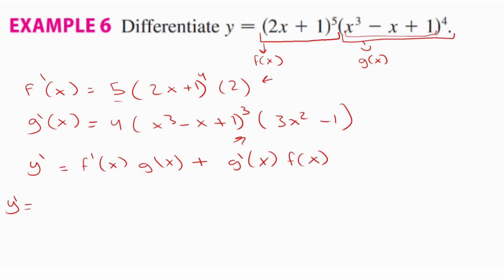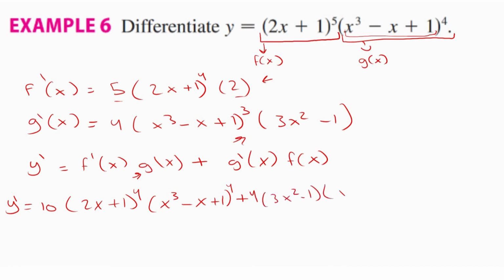We can multiply 5 and 2, so we will get here 10 multiplied by (2x plus 1) power 4 multiplied by g of x, which is (x cubed minus x plus 1) power 4, plus the derivative of g of x, which is 4 times (3x squared minus 1) multiplied by (x cubed minus x plus 1) power 3 multiplied by f of x, which is (2x plus 1) power 5.